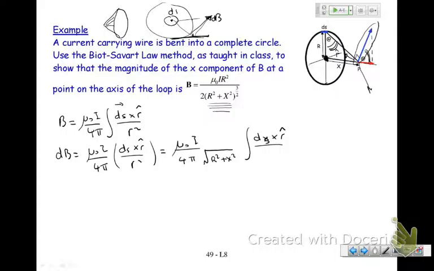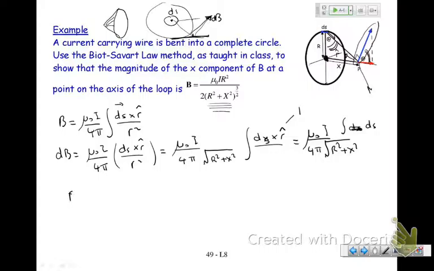Then I've got to say, by the same token, this is going to equal 1, and these guys are going to equal 90 degrees, because ds is still perpendicular to this r hat. So I'm going to say this equals mu naught I over 4 pi integral of r squared plus x squared, and this is going to be the integral of ds, and my integral of ds is my circumference.